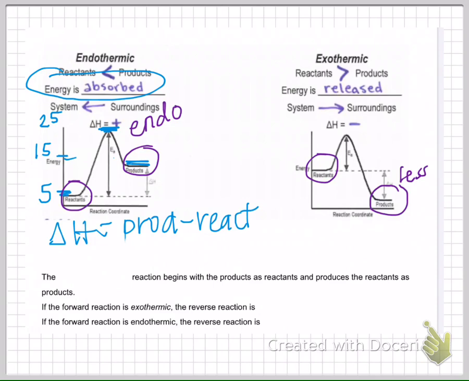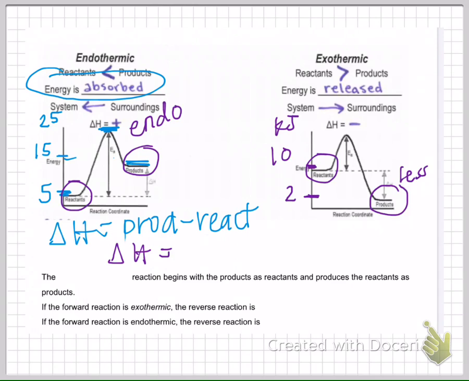For example, let's say this product energy is 2, and then let's say my reactants energy is 10. I'm just making up these numbers, but they're energy, they're kilojoules. So my delta H is products minus reactants.